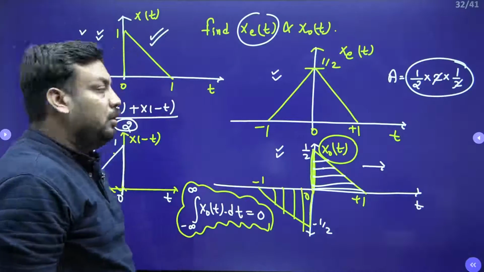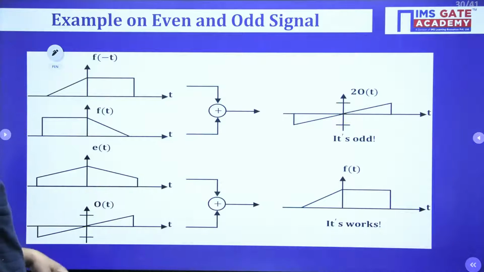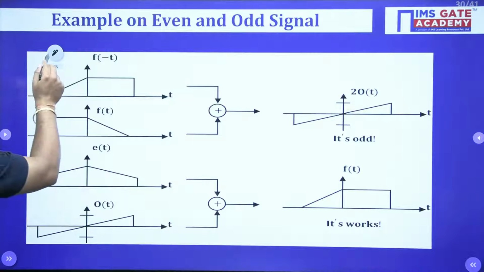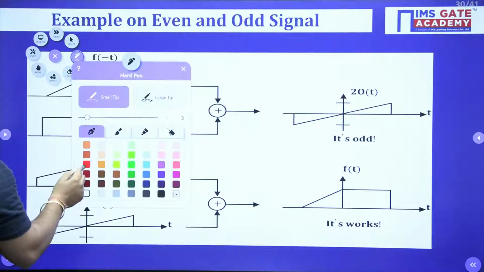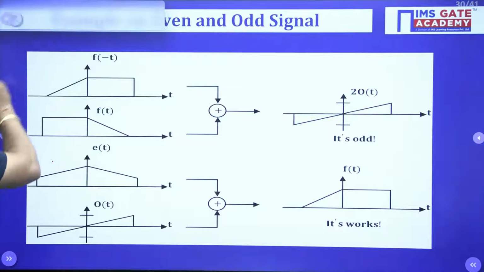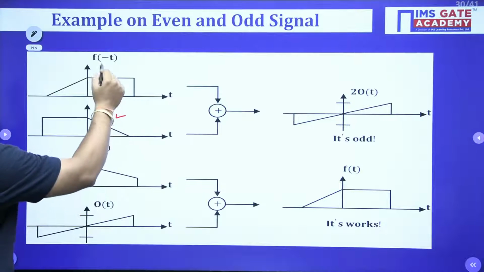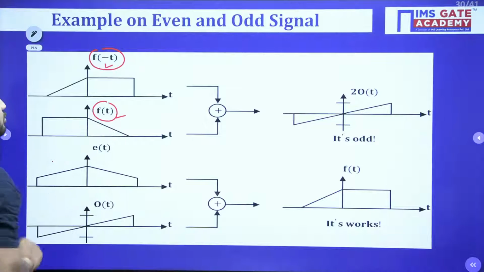Now students, next part. This is also a similar type of example, so I am just explaining here only. If this is my signal f(t), and f(minus t) is this, both are given, and it asks for its even component.